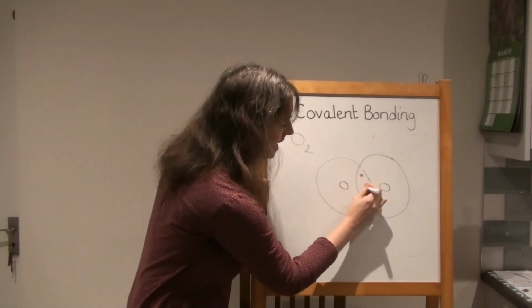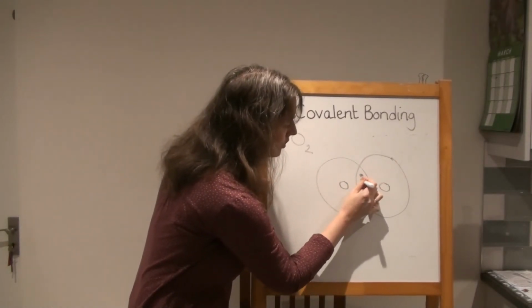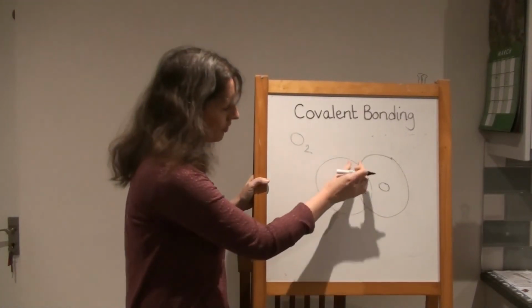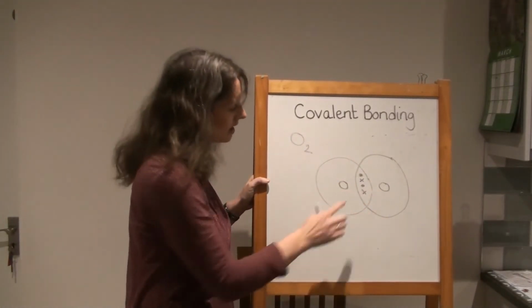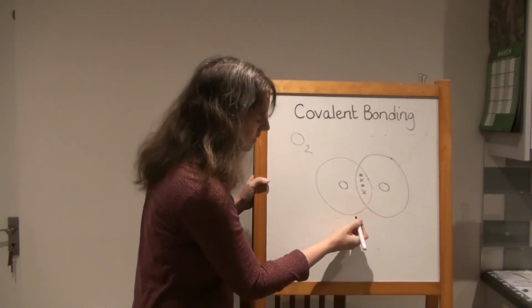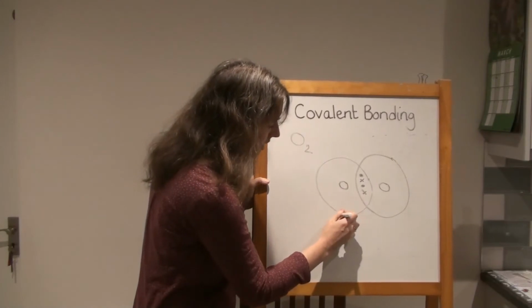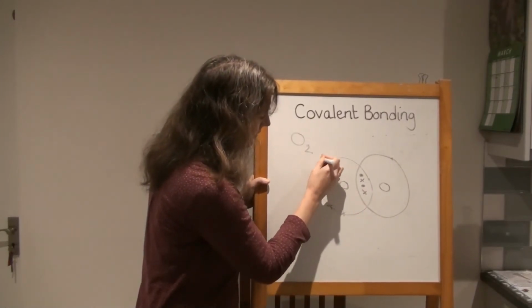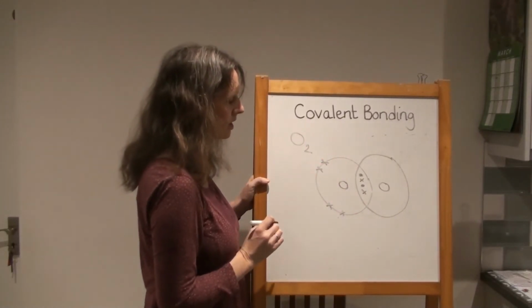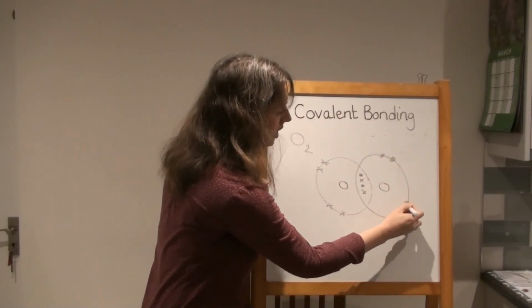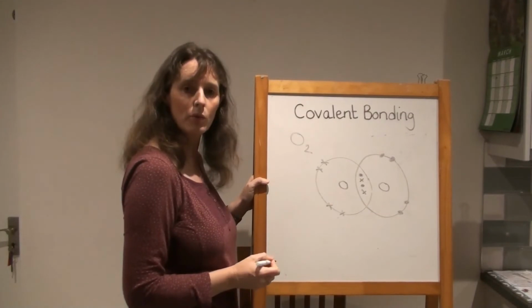So I need to have 2 shared pairs in that overlapping section, or on those overlapping lines. 2 have been drawn, so we take it up to the 6. So 1, 2, 3, 4, 5, 6 crosses for this one, and 1, 2, 3, 4, 5, 6 dots for the one on the right.